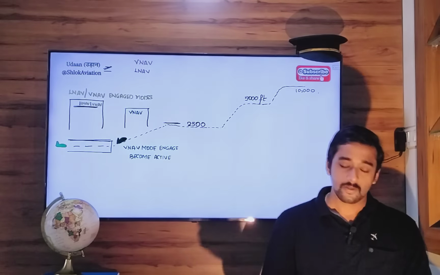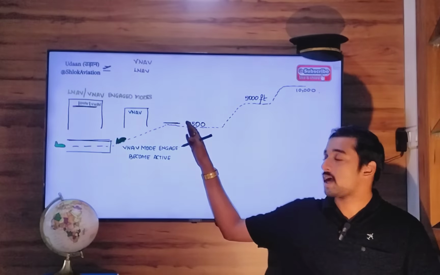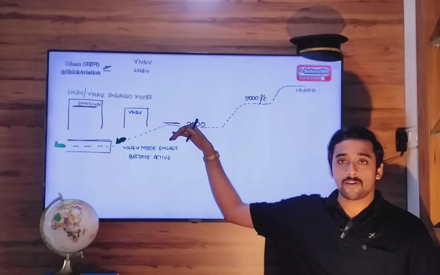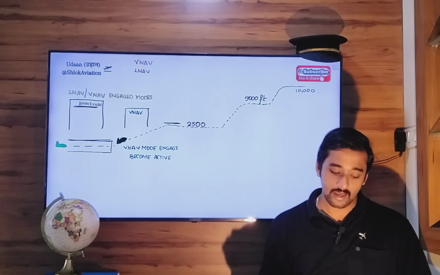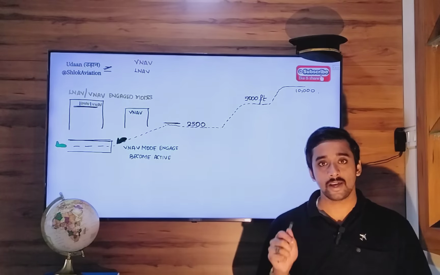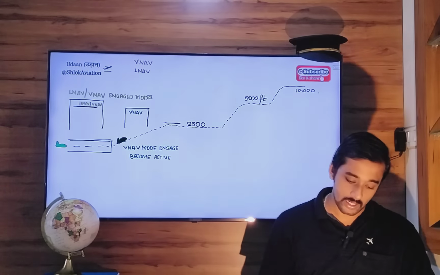That means the flight management system knows all the vertical limits that are going to fall along your route. So over here 2500 feet, 5000 feet, 10,000 feet. Whenever you engage the autopilot, the aircraft will automatically fly towards that altitude.